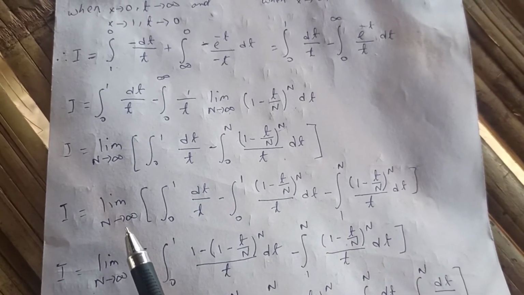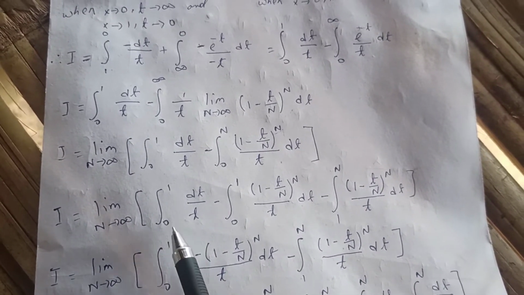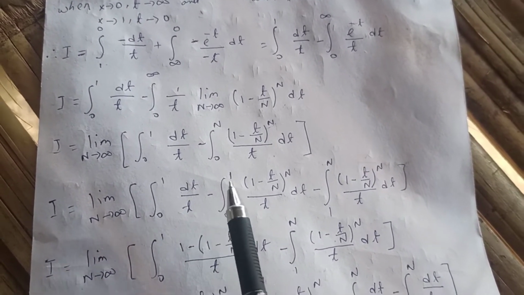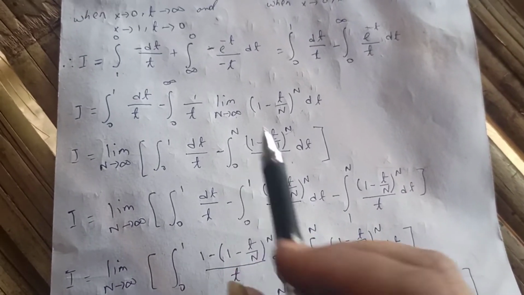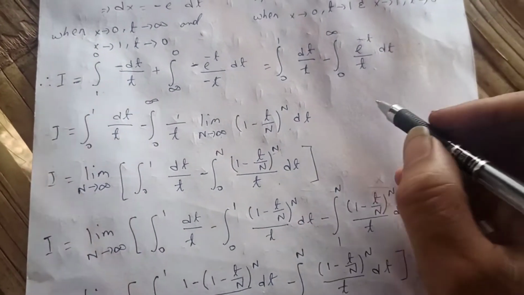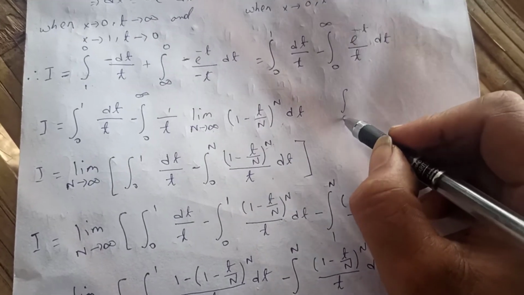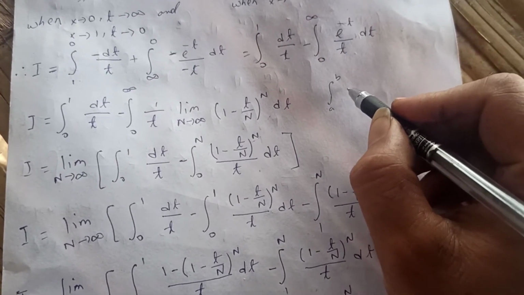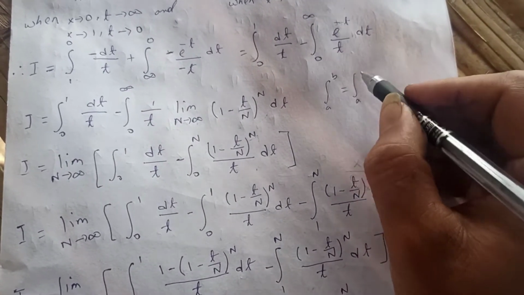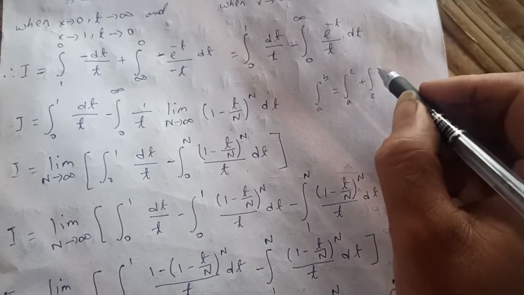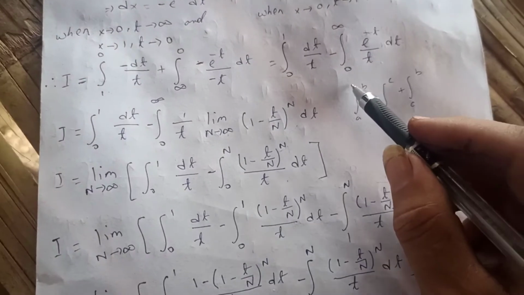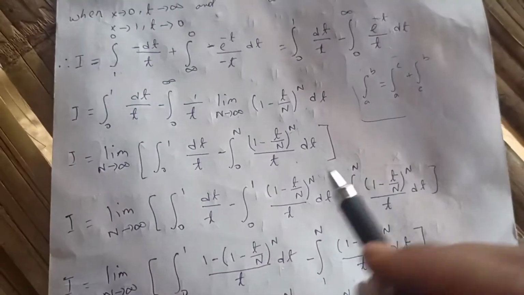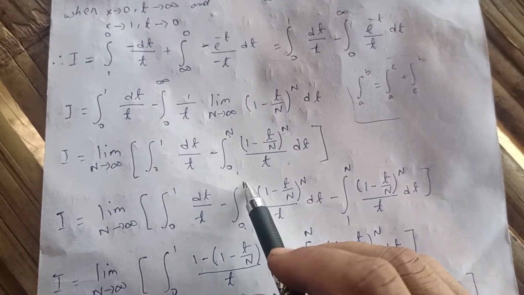Now we can split the integral from 0 to n by using the property that the integral from a to b equals the integral from a to c plus the integral from c to b. So 0 to n is the same as 0 to 1 plus 1 to n.